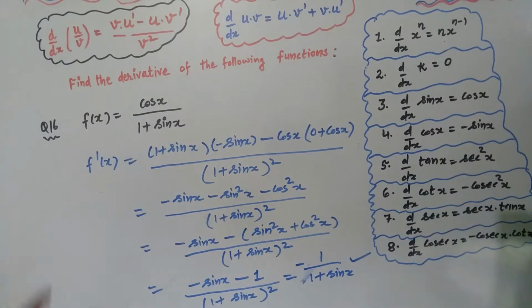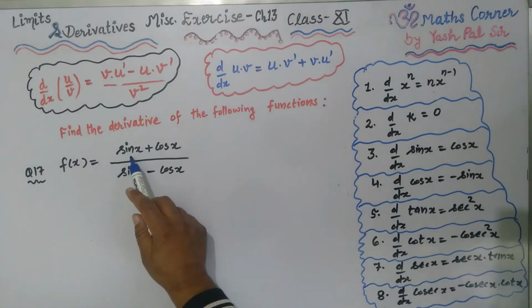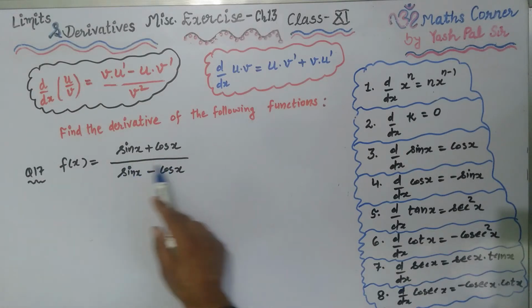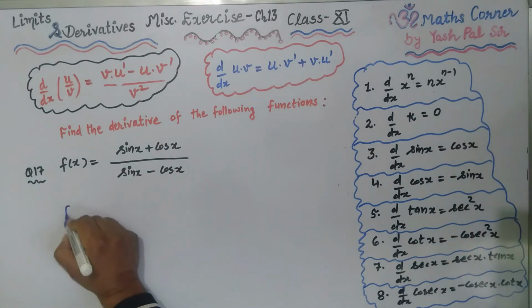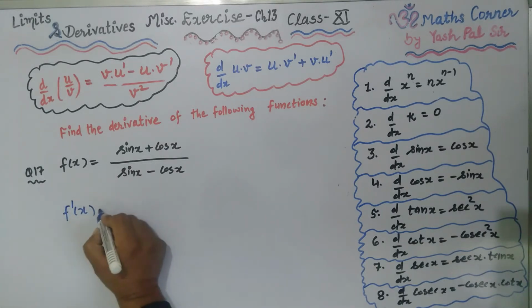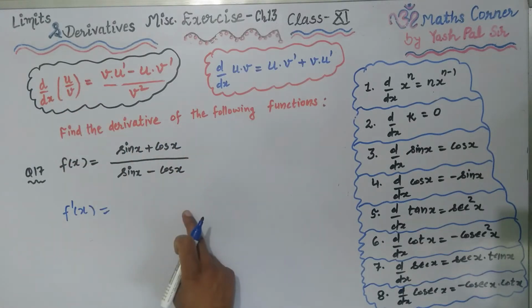Okay, now next question. Question number 17. f of x is equal to (sin x plus cos x) whole divided by (sin x minus cos x). So f dash x, what we know, this is a quotient function, quotient u upon v.